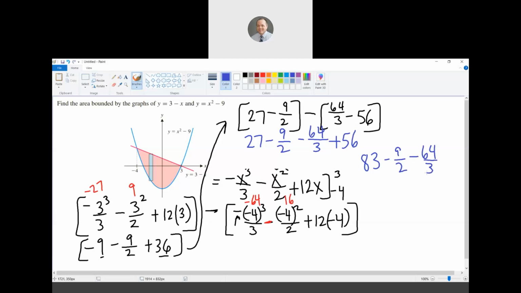Now, in order to combine the number and the fractions, everything must have the same common denominator.